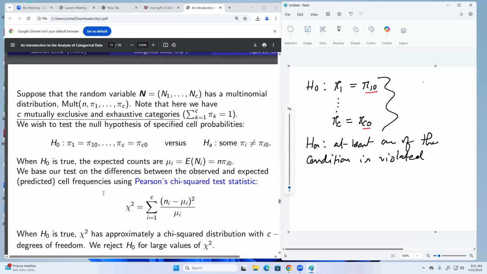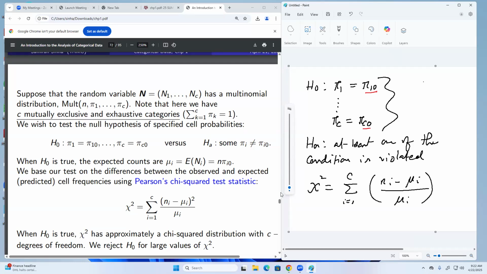The chi-square statistic is equal to the sum over all the categories, and for every category we first calculate mu i, which is the expected count of the ith category under the null hypothesis, and ni is the observed number of counts in that category.